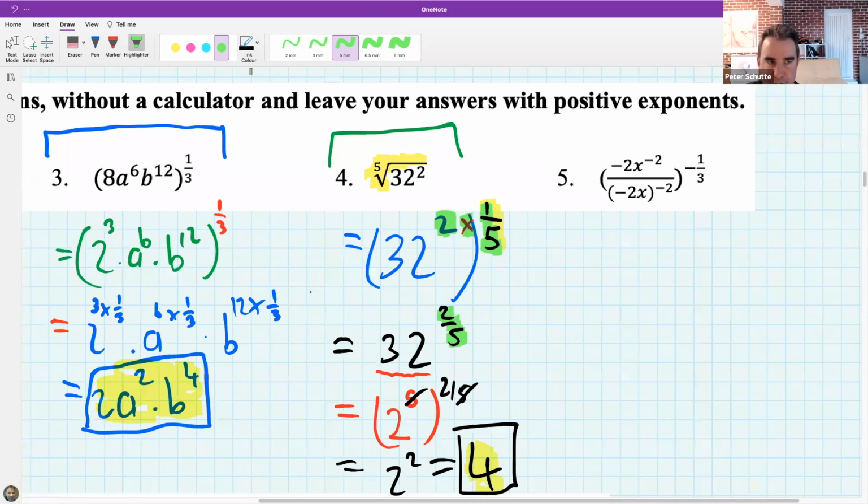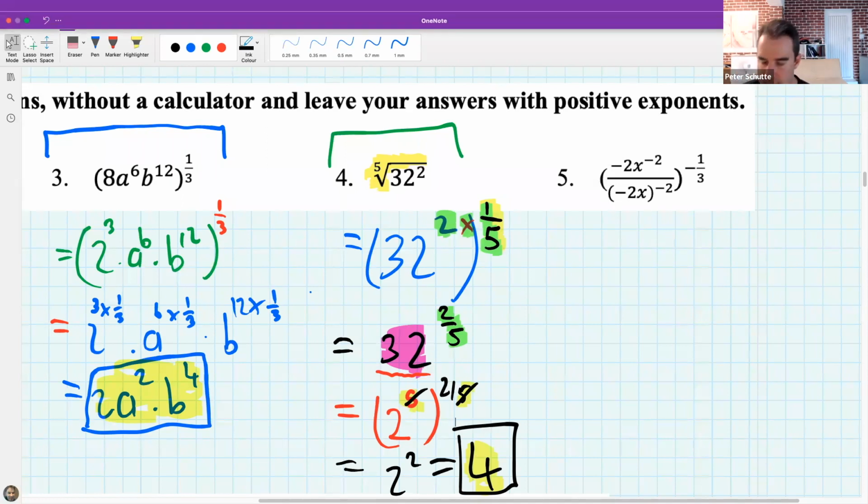Then I focus on the 32, and I say 32 can be broken down into 2 to the power of 5. I'm sorry, that color is not the greatest. And then I multiply the 5 by the 2/5, and that is going to cancel out. So basically this over here is going to cancel this. And what am I left with? I'm left with 2 squared, which is 4. I hope that is a bit helpful.